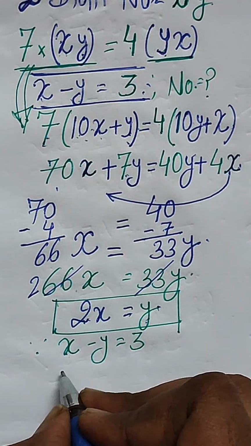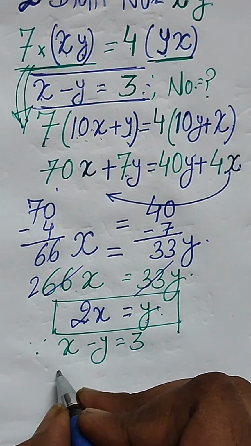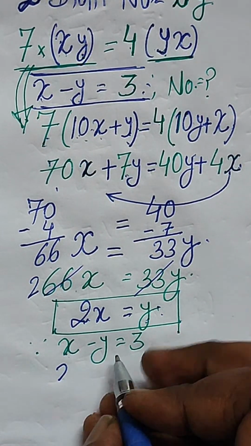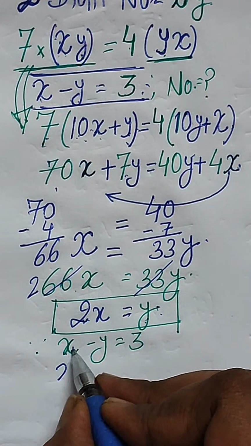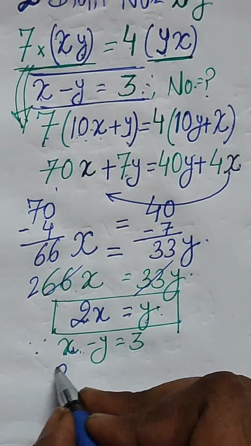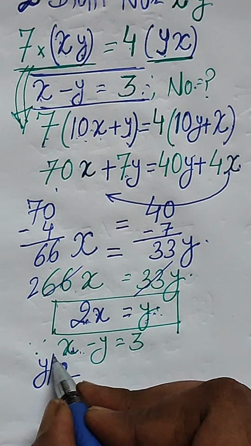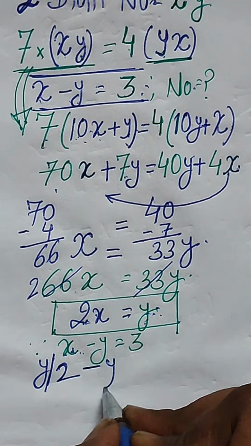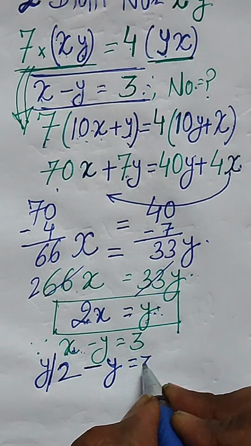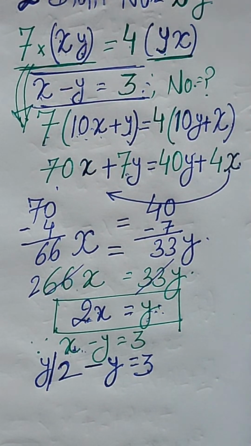Just substitute. If y is equal to 2x, then in place of x, just write y by 2. So y by 2 minus y is equal to 3, right?